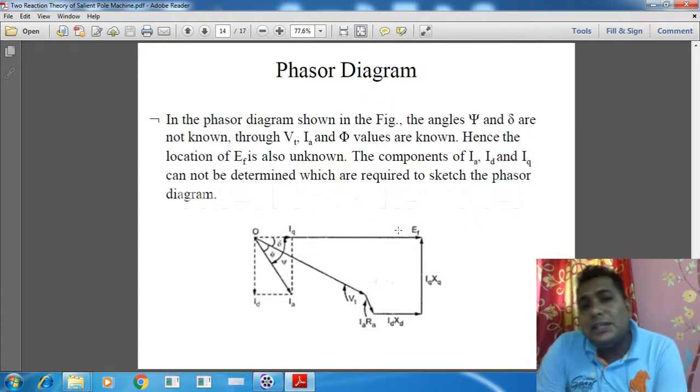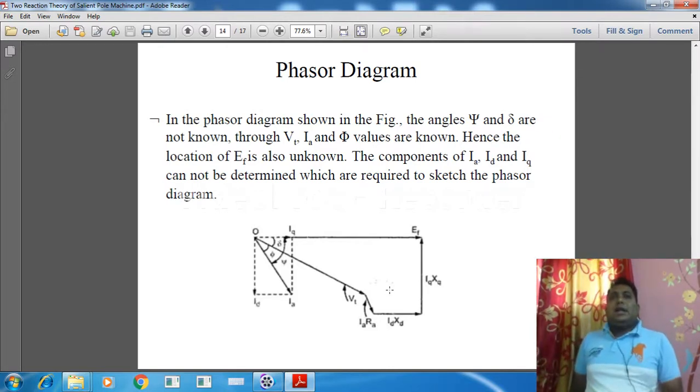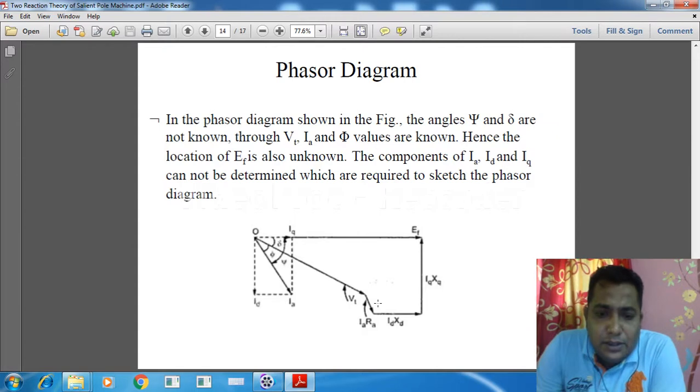Previously we discussed the phasor diagram, where we considered only the resistance drop and the synchronous reactance drop. Now this reactance can again be divided into two: the direct axis reactance and the quadrature axis reactance. So over the terminal voltage we have the IaRa drop parallel to this Ia.